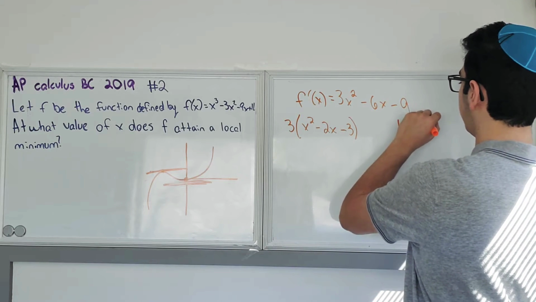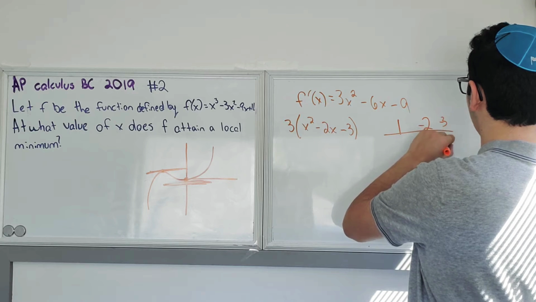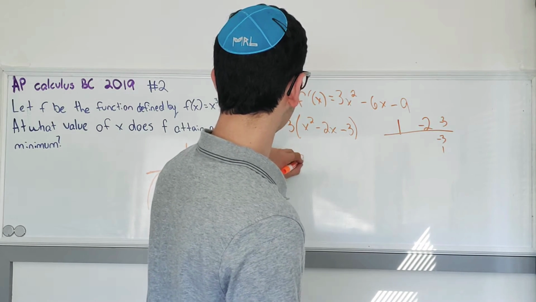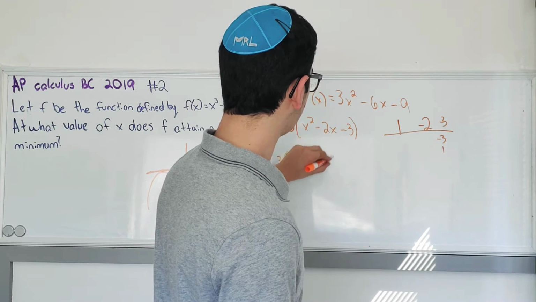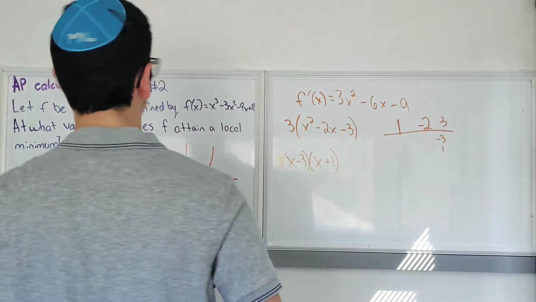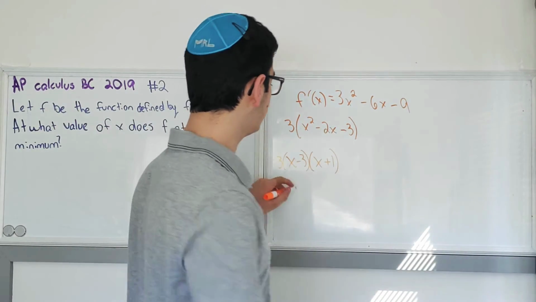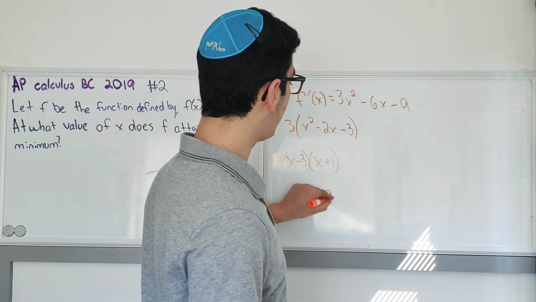I'm going to do my own little trick over here. Okay, so it's going to have a minus and a 1. So it's going to be x minus 3 and x plus 1.